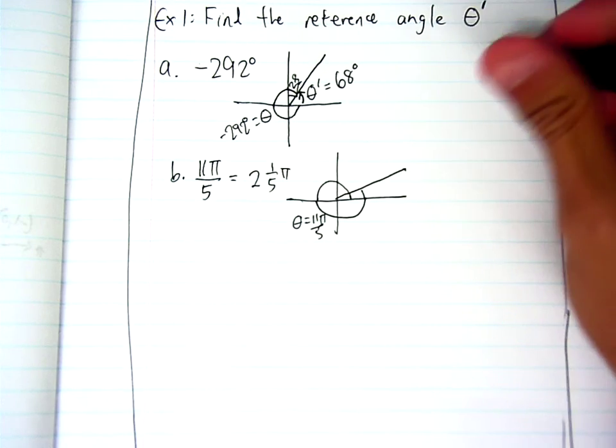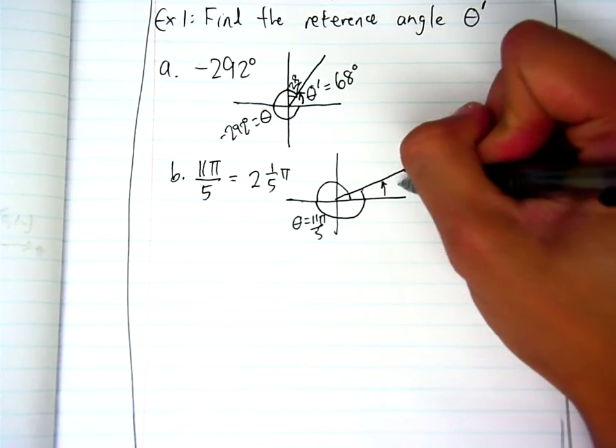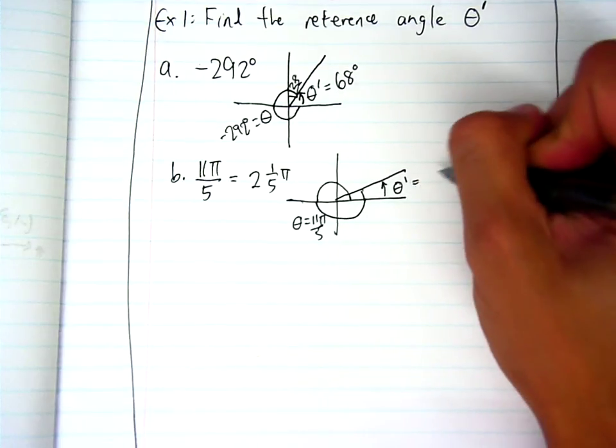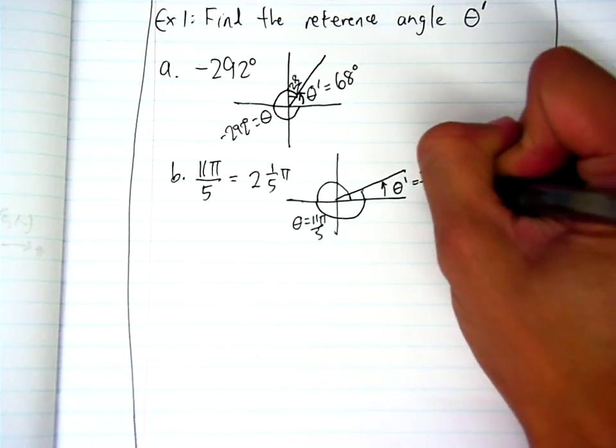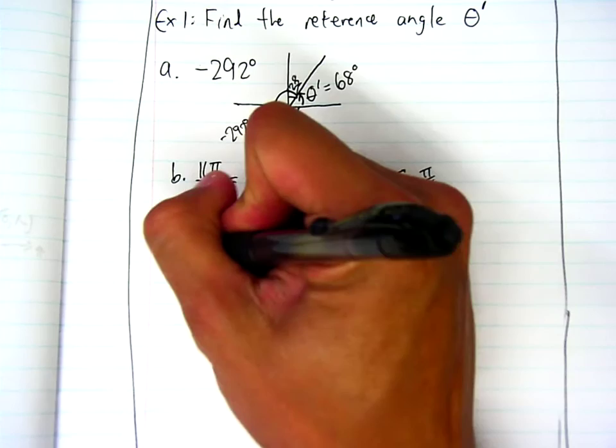Well, the reference angle is actually just this little part. Right here, this is theta prime, and this is going to be pi over 5. Sometimes I'll need my reference angle to find the trig functions later on.